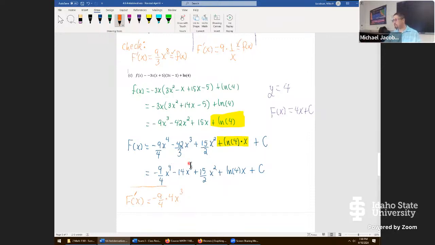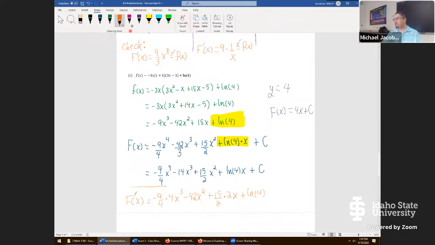So next, 3 times -14 will give us the -42. X to the power of 1 less, it's now power 2. Here we had 15/2. But then differentiation, 2 comes down, and power of x is 1. This one is differentiating a constant times a power 1 function, so you just take the constant. And the derivative here goes to 0.